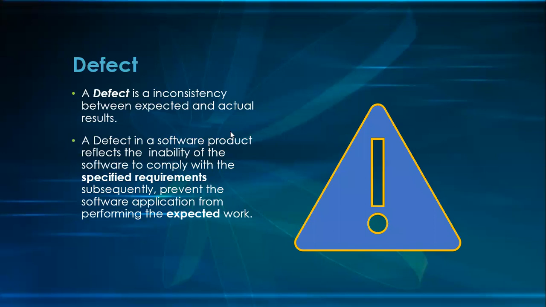But if it's performing as it's meant to be, it is not a defect. Correct? If it's not performing as it's meant to be, it's a defect. That is the reason, because it says it prevents the application from performing the expected work. So it should work as expected.